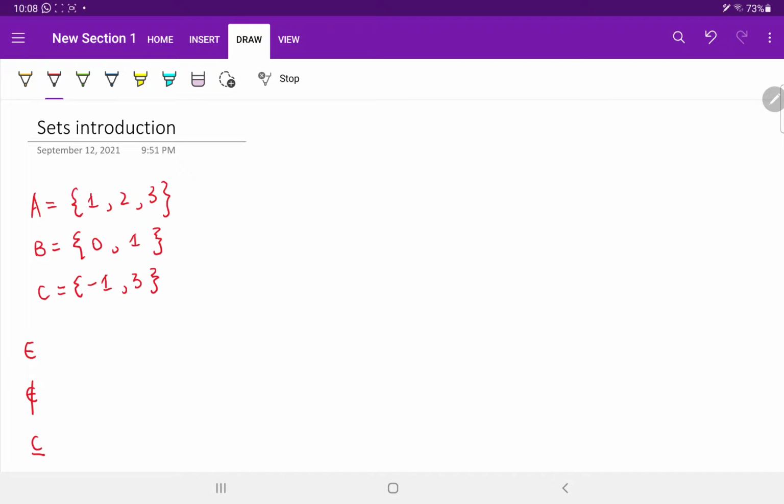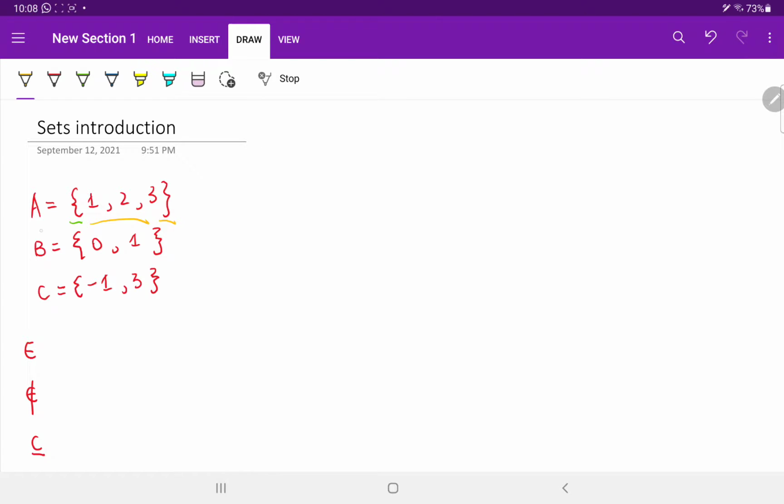What is a set, right? A set is a collection of things. So in this first example we have here, we can see that A equals, this is what we call a set sign. Whenever you see these signs, it means this is the opening, and this is the closing. This is a set. A set contains elements.